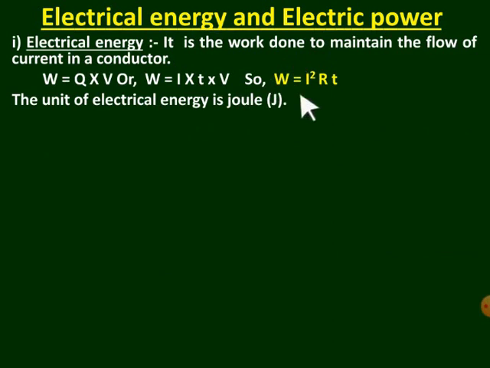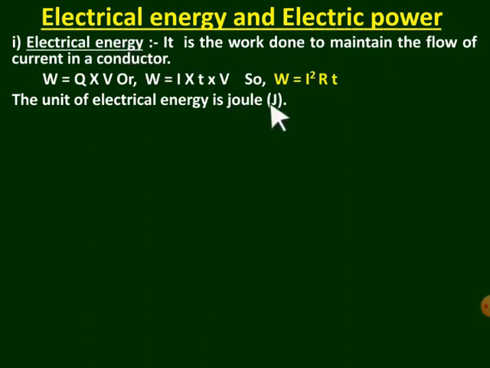That amount of work done, we call it electrical energy. Work and energy are interconvertible, right? So electrical energy is the work done to maintain the flow of current in a conductor. If there is no work done, then your electrons will not be able to flow through that conductor. That work done, we call it electrical energy. Got it?